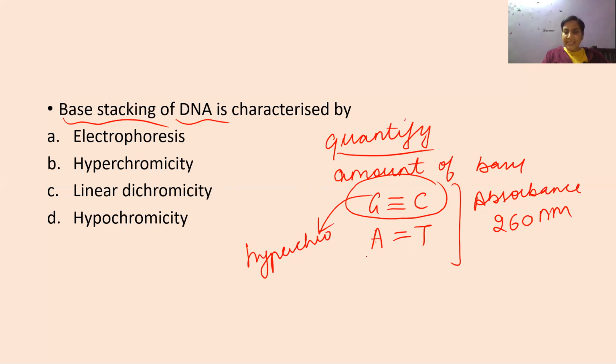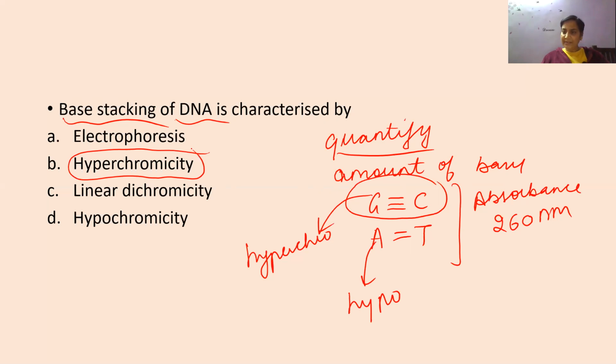Then DNA which has more AT base pairs will lead to hypochromicity. So what we say is that base stacking of DNA will be characterized by a greater number of GC base pairs. And if we say GC base pairs, it has to be hyperchromicity.